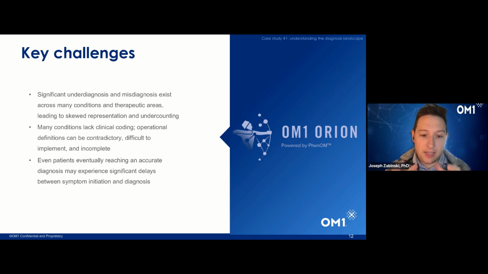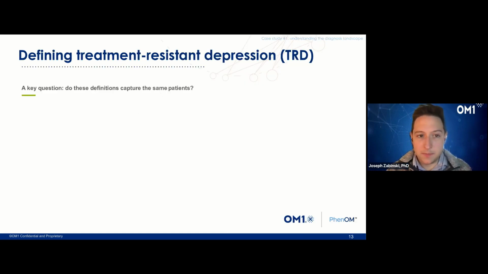Collapsing that interval and trying to say, as we observe what's going on with a patient, can we say earlier, here's where this looks like it's converging for you, and therefore it may be useful for you to consider treatment, get diagnostic confirmatory testing, whatever it may be, to collapse that interval is also a big challenge with respect to diagnosis.